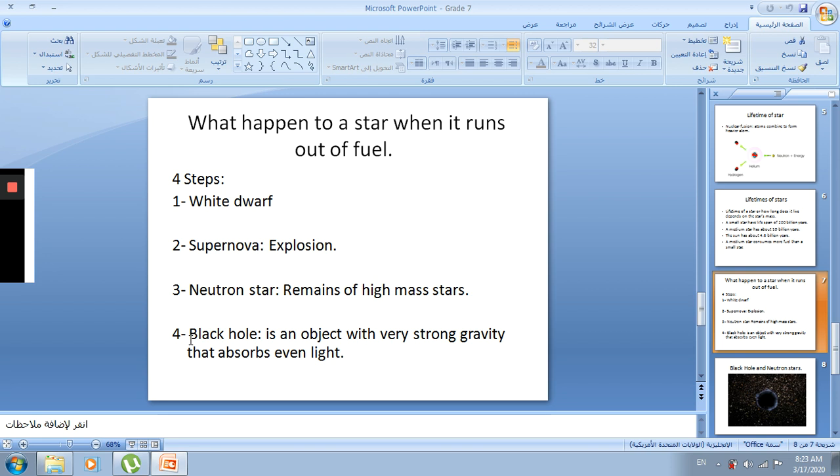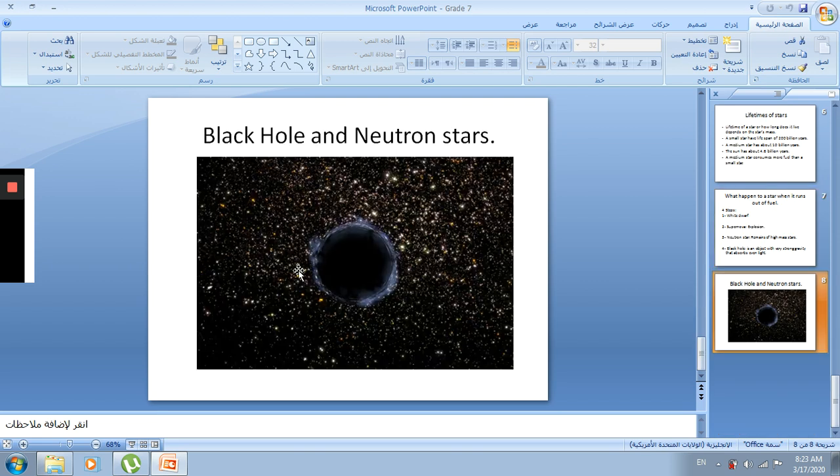The fourth step is the black hole. After the neutron star, the star may become a black hole after its death. A black hole is an object with very strong gravity that absorbs even light. This object has a center mass. No one knows what a black hole really is, so they call it an object.